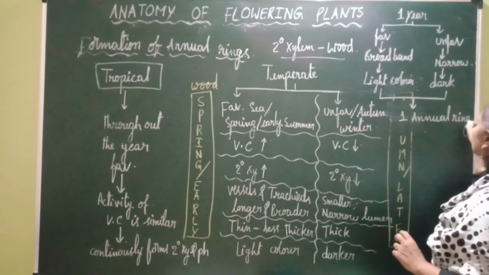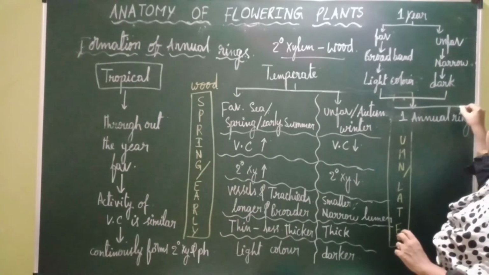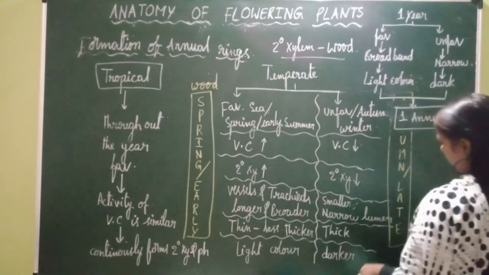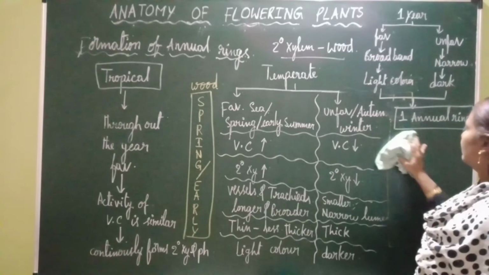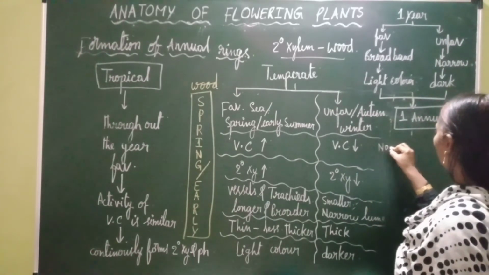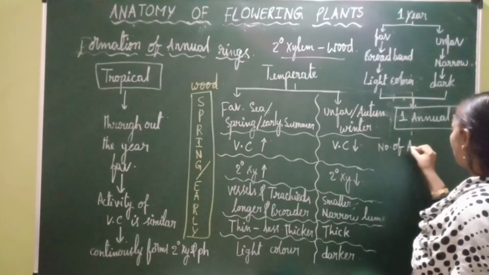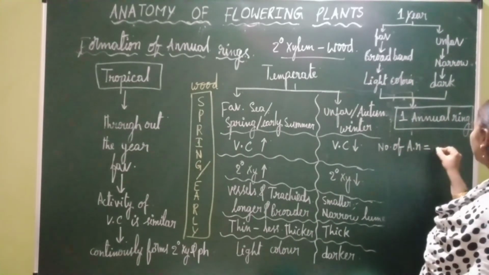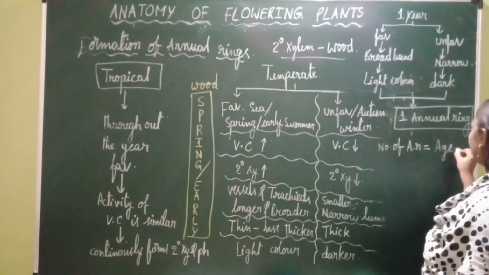So by counting the number of annual rings present in the trunk of a tree after its secondary growth, the age of trees can be estimated. So what can we say? Number of annual rings, I am writing it as AR, is equal to the age of the plant.